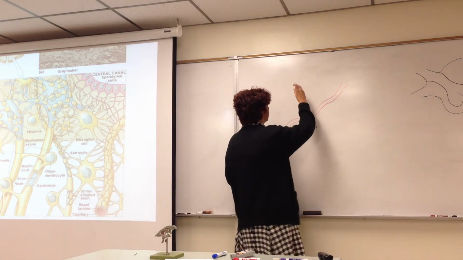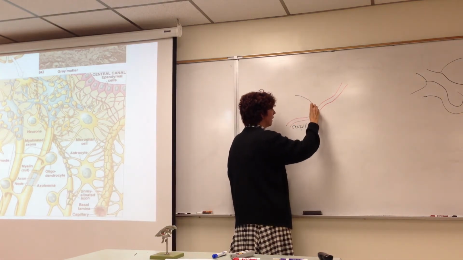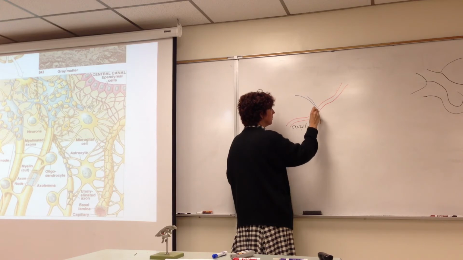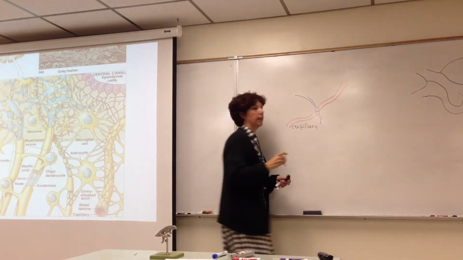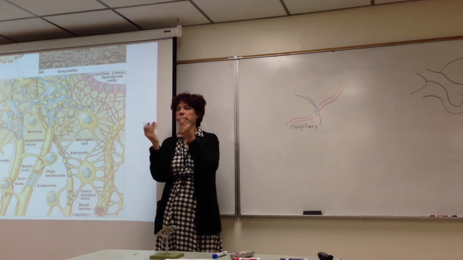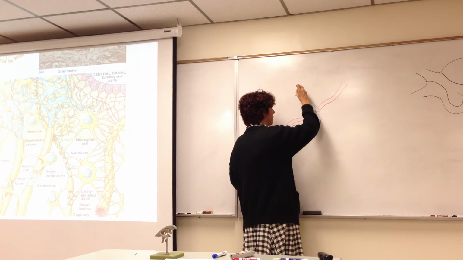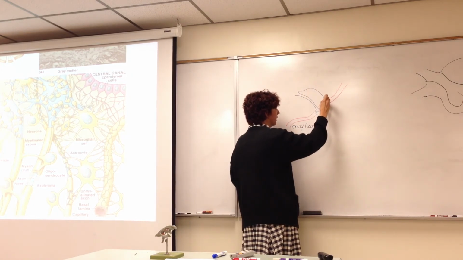wrap around and form another layer that enhances the blood-brain barrier. So the astrocyte is multilingual.